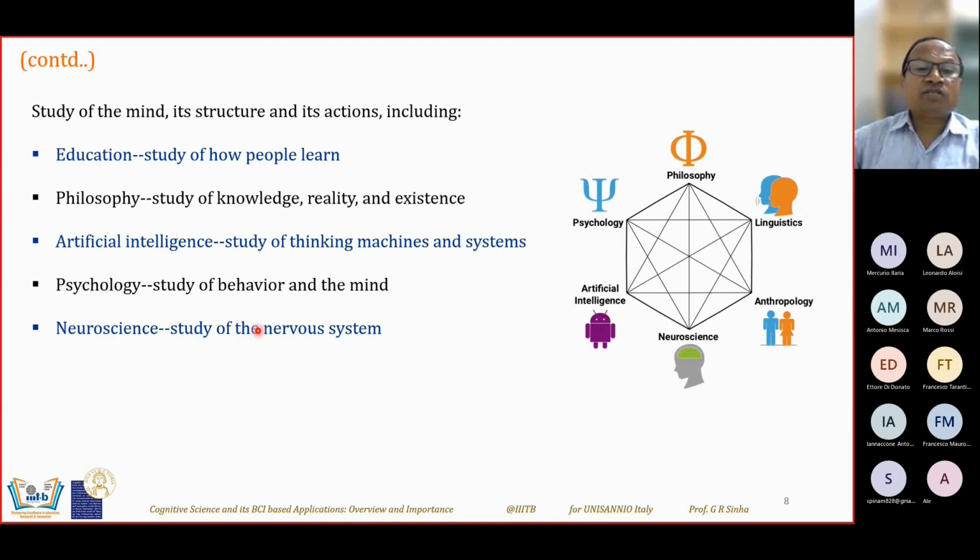And then neuroscience, the study of the nervous system. You are probably aware we are talking about ML, machine learning techniques, and the very fundamental basis of development of all ML models is the neural network. We all start understanding ML by studying what is called a neural network.